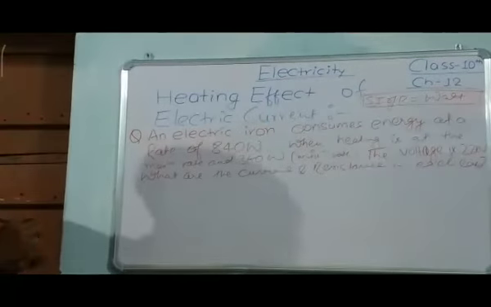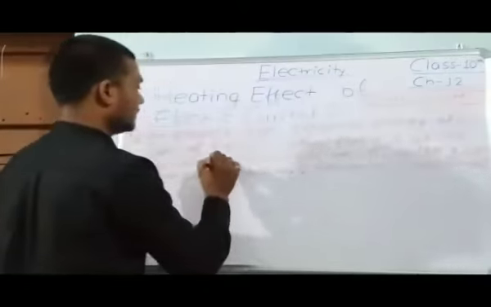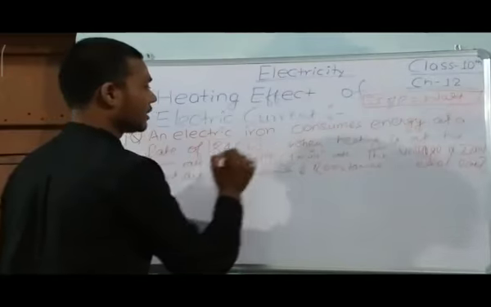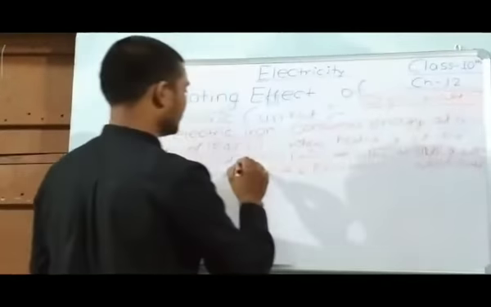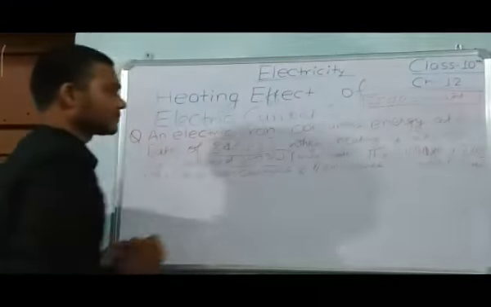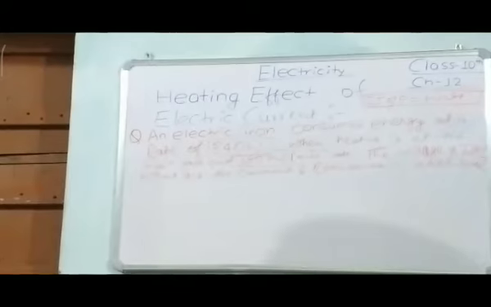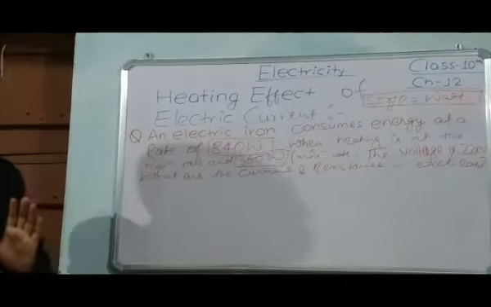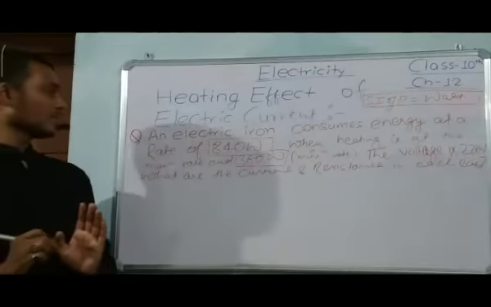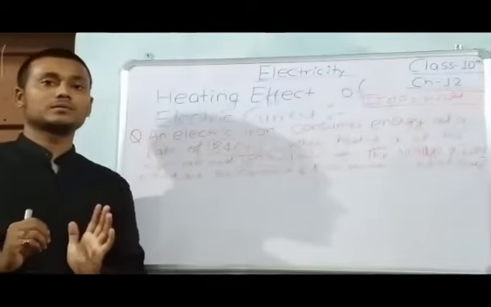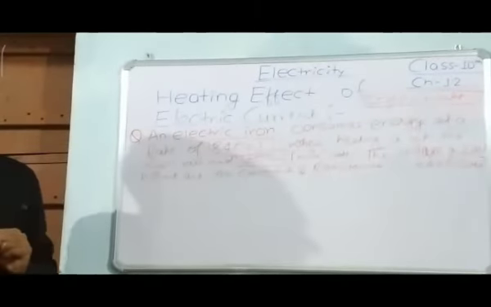So here this 840 watt and 360 watt. Electric iron consumes two types of energy.